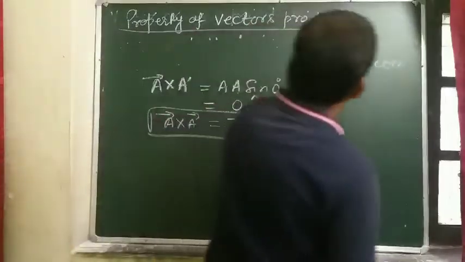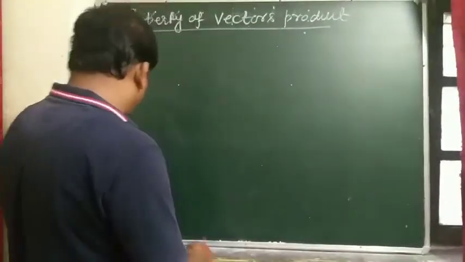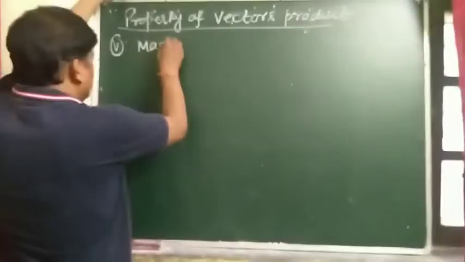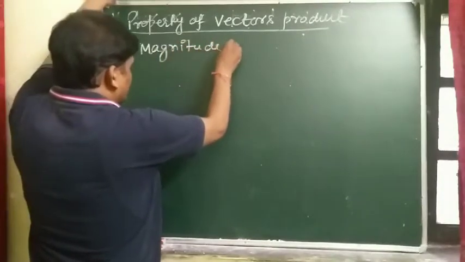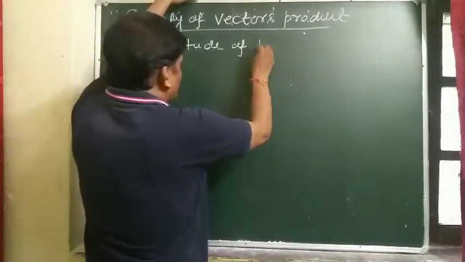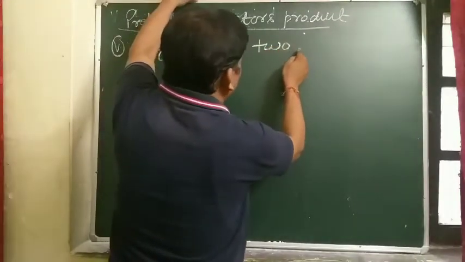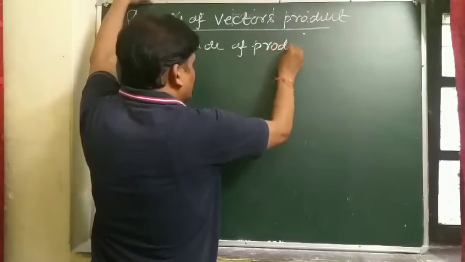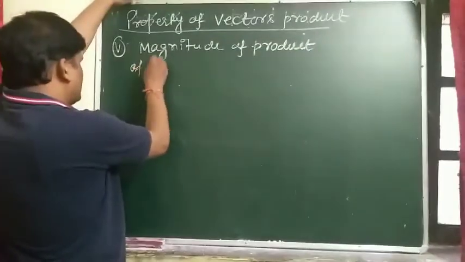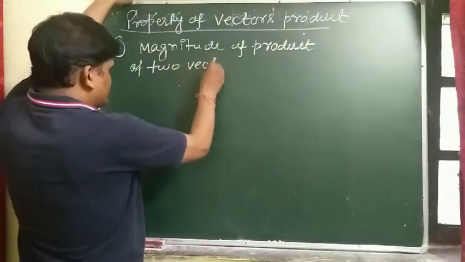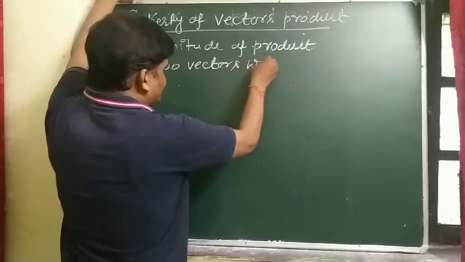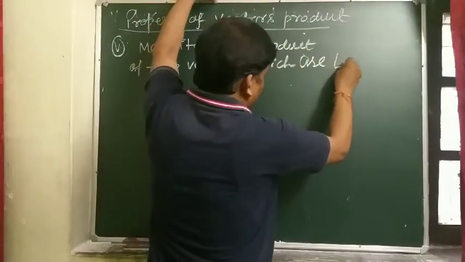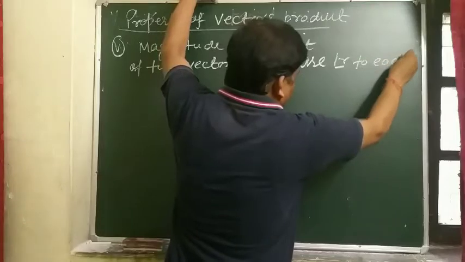Next, the fifth property: the magnitude of the product of two vectors which are perpendicular to each other.